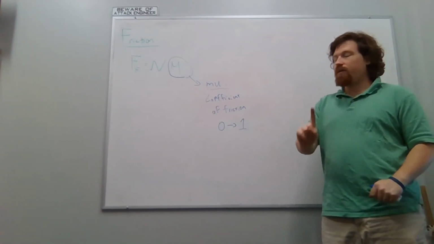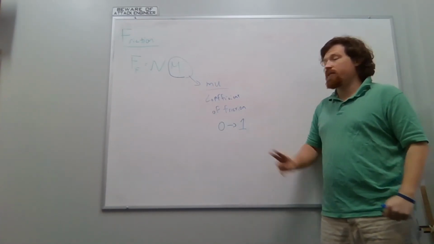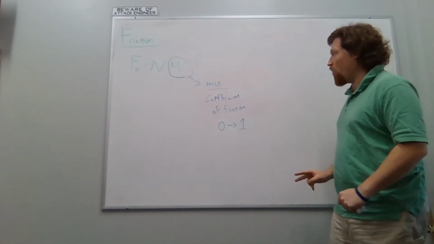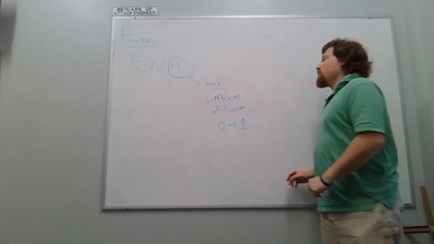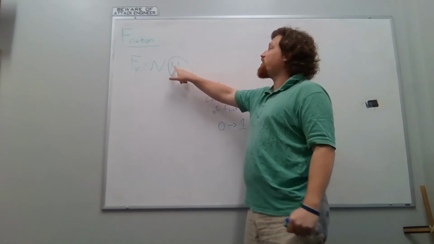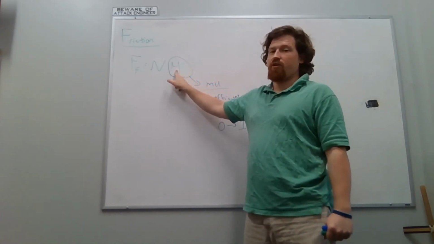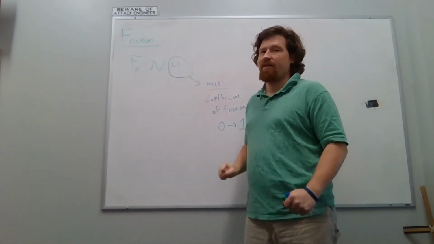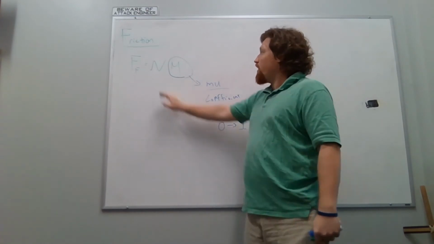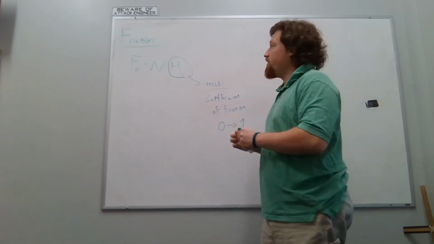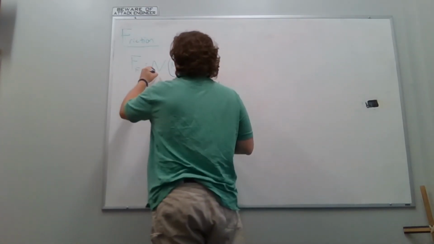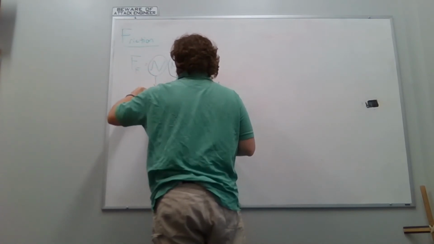So it has no units, and it will always be a small decimal number between 0 and 1. So this represents the surfaces involved in creating the friction. This tells you how slick the surface is. The N is a different principle called normal force.